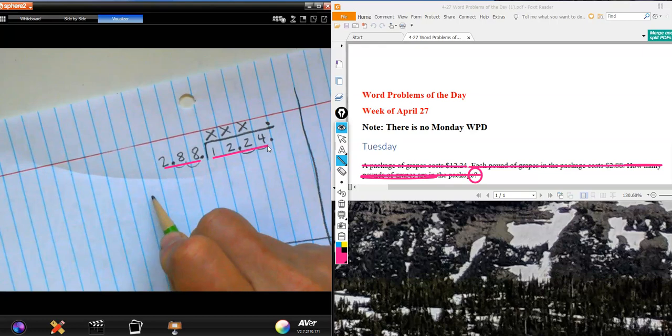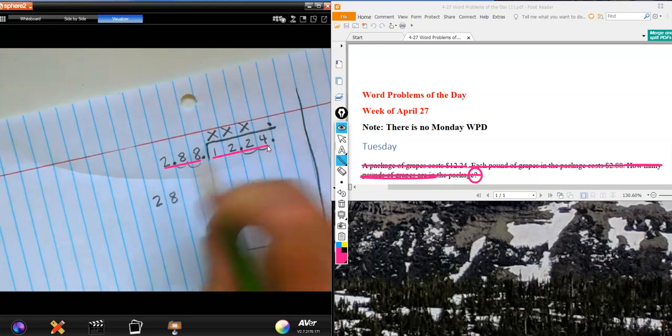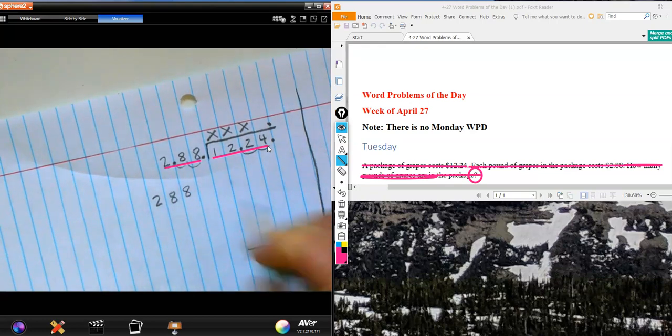I'm going to take my 288, and I'll try 5. 8 times 5 is 40. 8 times 5 is 40 again, plus 4 is 44. 2 times 5 is 10, plus 4 is 14, so 1,440. I'll double check my math. That's too big.